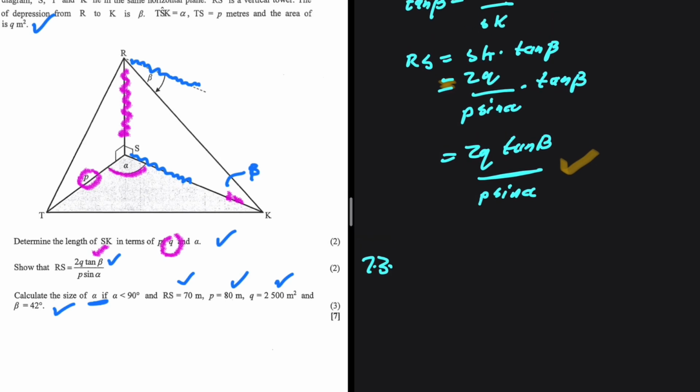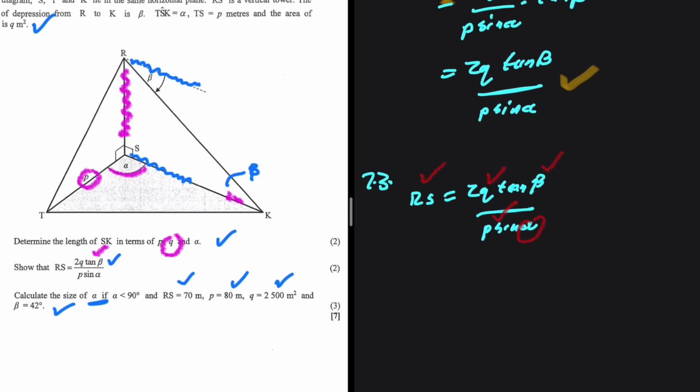So let's use the equation in 7.2, in which RS is equal to 2Q tan of beta divided by P sine of alpha. We're given the length of RS, Q the area, the angle beta, and P, which is 80 meters, and we are looking for alpha.